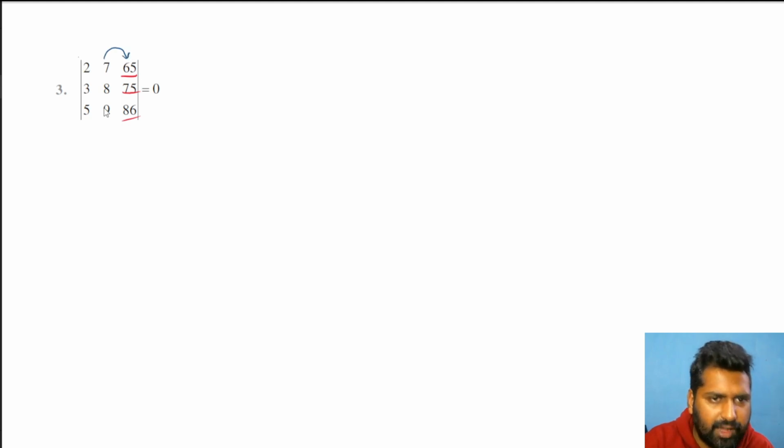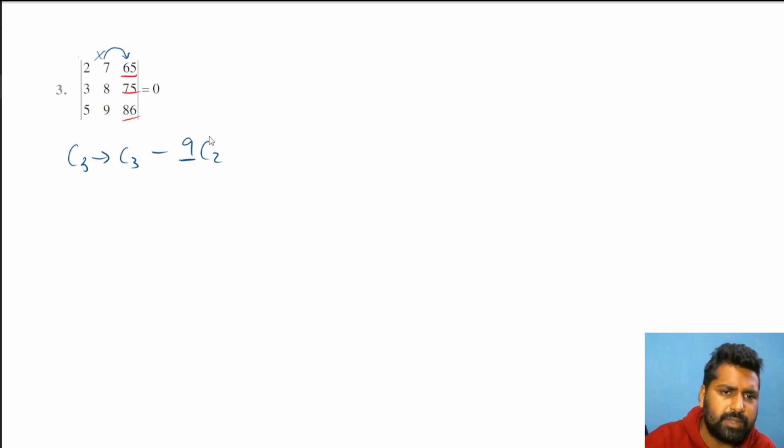Why do I use this one? Because if I subtract 7, that's better than subtracting 2. Even why subtract just 7? Why don't we multiply with something and then subtract? So I want to do C3 goes to C3 minus C2, but I can multiply this C2 with something also. So if I want to get close to 65, I can multiply this 7 by 9. Okay, let's see what happens.